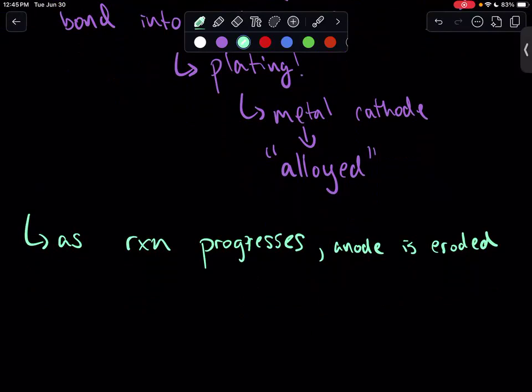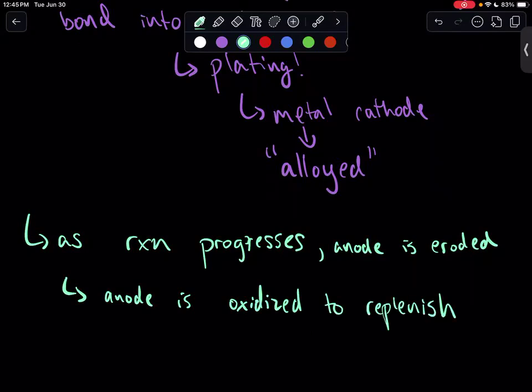So we need to replenish that if we want to continue it. And this is happening because the anode is oxidized to replenish metal ions in solution.